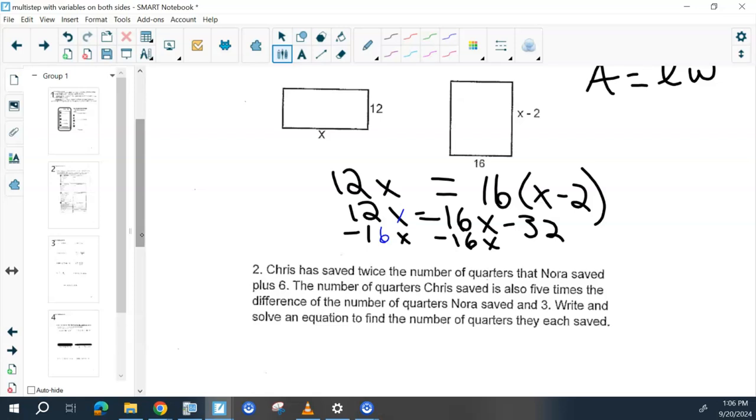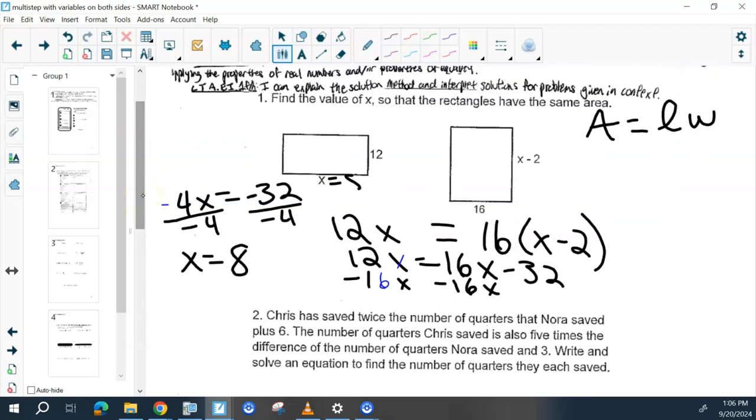You would have created an extra step. Okay, and then our last step, divide. And what is x? Negative 8. Positive 8. The negatives cancel. So if I were to put 8 in here, it didn't ask us to do this, but if it did say this, we could find the area by multiplying. What is that area?